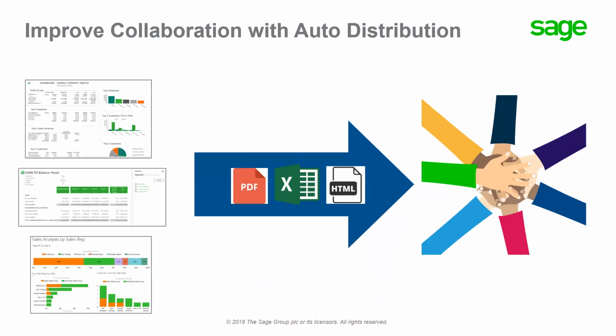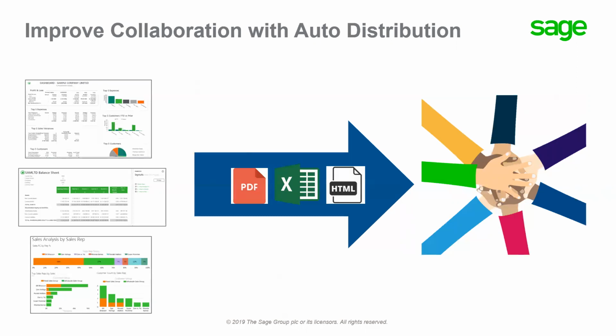Now, a very important note to take into account is the ability to auto-distribute or manually distribute your reports throughout your company and beyond. So it really improves your collaboration. How about maybe those warehouse managers that need to receive their warehouse item inventory list on a weekly basis or even a daily basis, depending on how often they need to see it. A simple report to a manager or someone that really could help them do their job, or salespeople even.